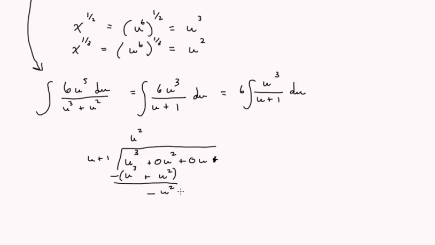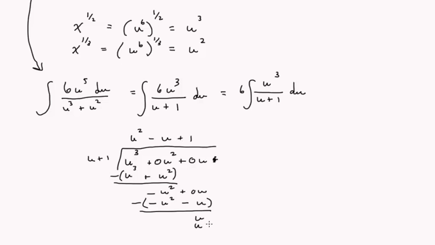So negative u squared plus 0u. That would go in negative u times. So we have negative u squared minus u, from which I subtract. That's going to give me a positive u. And that goes in one time.